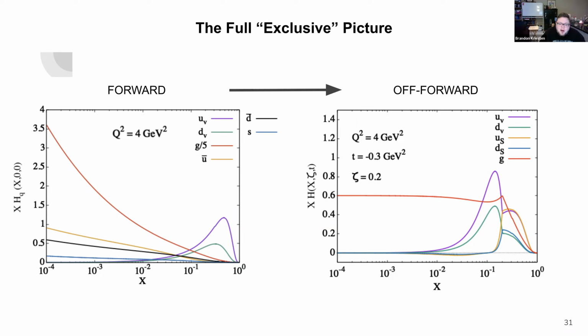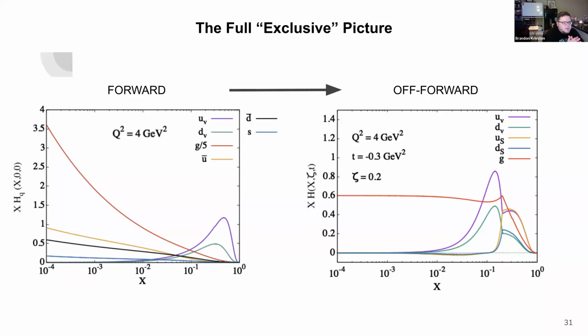Yes, that's a very good point. So how we calculate, for instance, this ERBL region: here at this point, zeta equals 0.2, x below that and greater than 0 but below 0.2 is called the ERBL region. And how we model this is through the partons model symmetries. For instance, the gluon distribution at x equals 0 has to be symmetric for x greater than 0 and x less than 0.